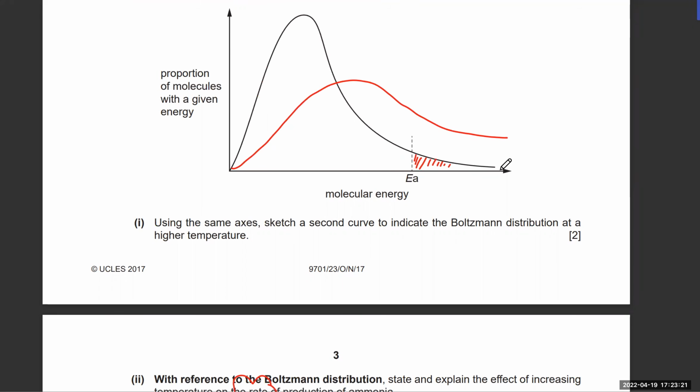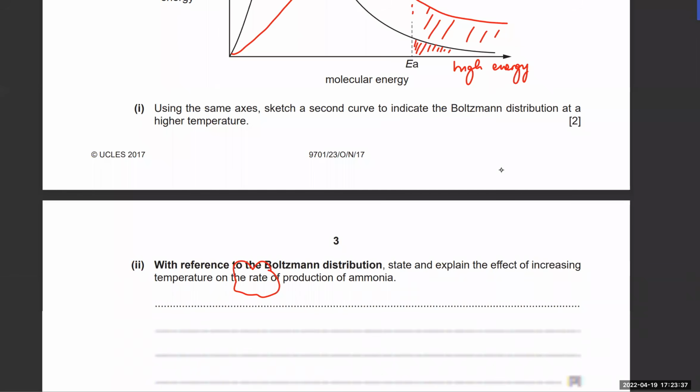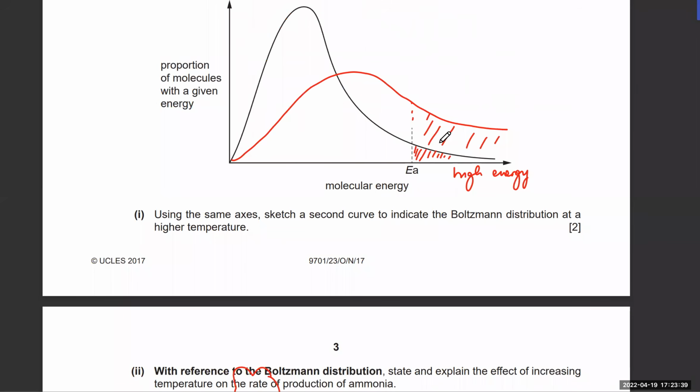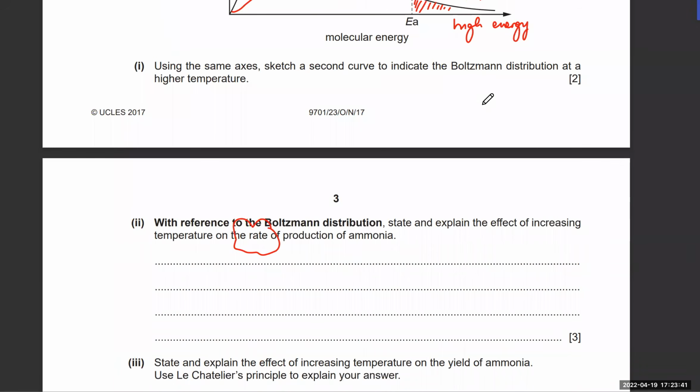You had very few particles having high energy. So there were fewer successful collisions. And now at a higher temperature, the number of particles at higher energy has increased. So you've got more particles that can successfully collide with sufficient force. So that is what you're going to write.